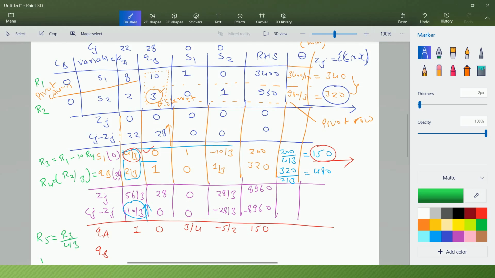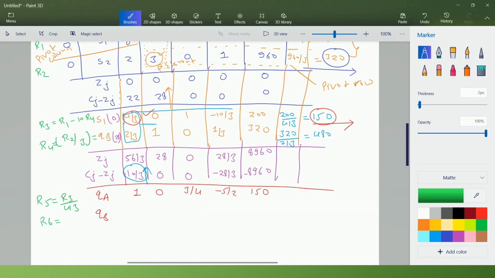Okay. And if I write this as R6, what do I have to do? I have to make it 0. So what I will do, I will minus this equation after multiplying it by 2 by 3 from this equation. I am writing it here just for the clarification. Okay, you do not have to write this in the question or the solution which you will write in the exam.